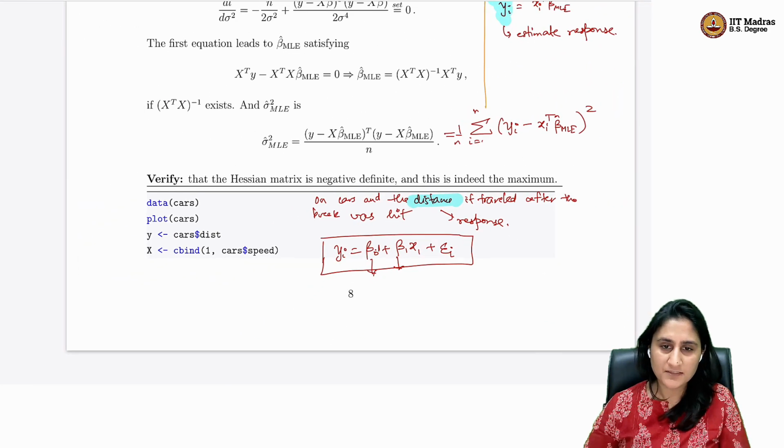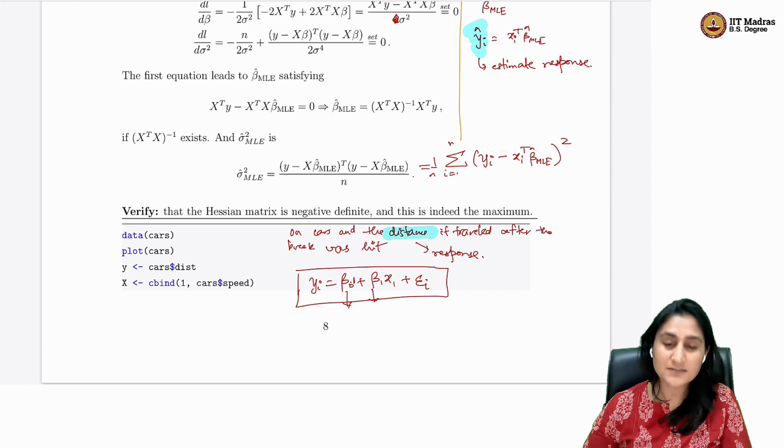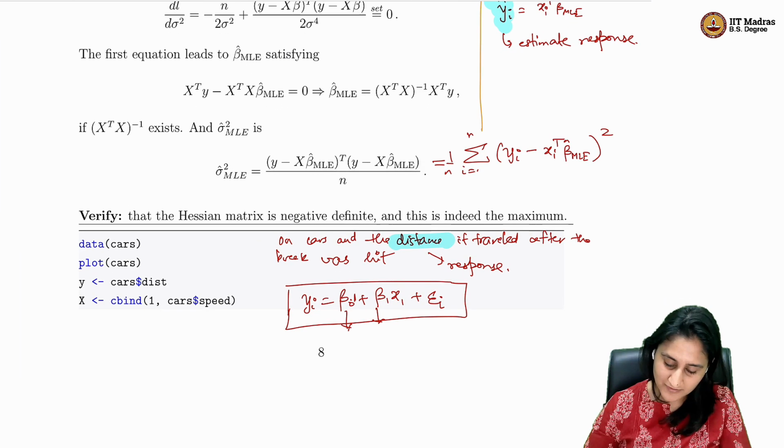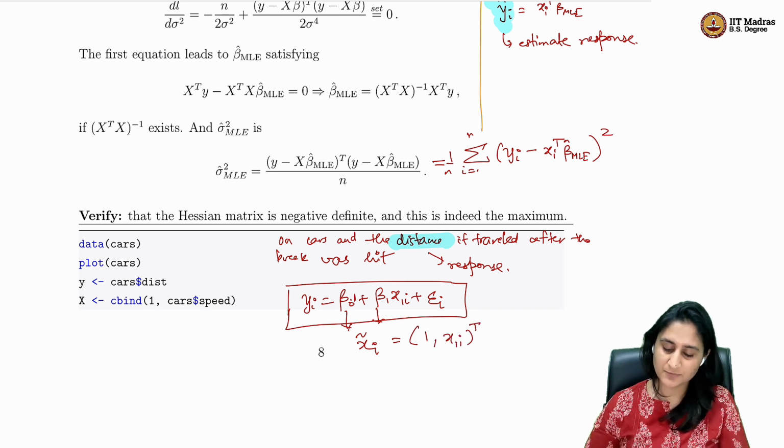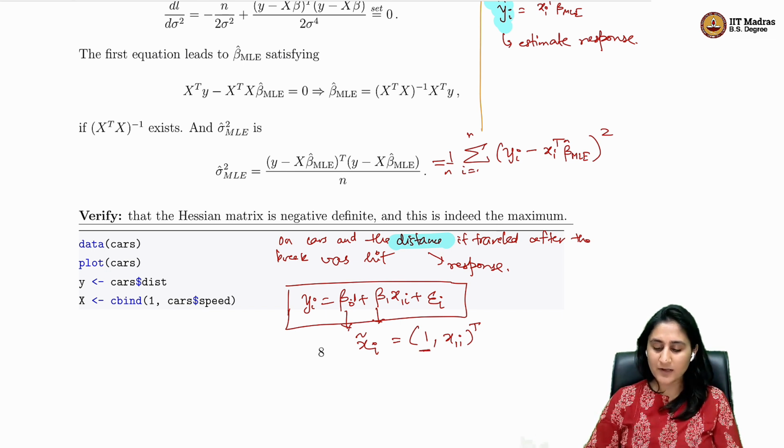This means I can write this y_i equals beta naught times 1 plus beta 1 x_1i. Then my x_i, or x tilde_i, is essentially the vector (1, x_1i) transpose, right? I have a 1 as well over here that I'm implicitly putting in for an intercept.